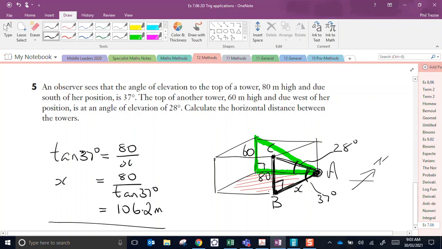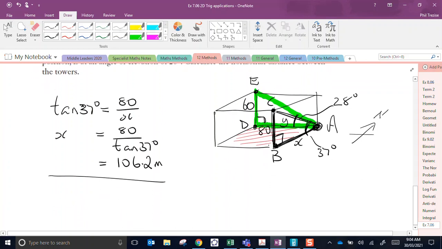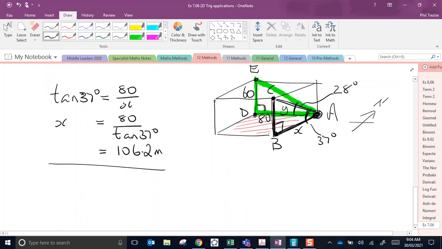There would be a right angle in the corner there. I suppose I should call that point D. Let's have the top of this tower as point E. So I have another right angle triangle, the one that I've drawn in green. And the base of this triangle from A to D, let's call that Y. Using the green triangle, the tan of the 28 degree would be 60 over Y.